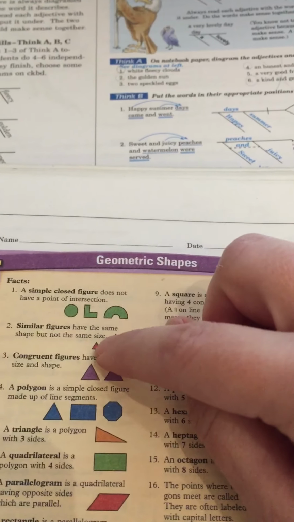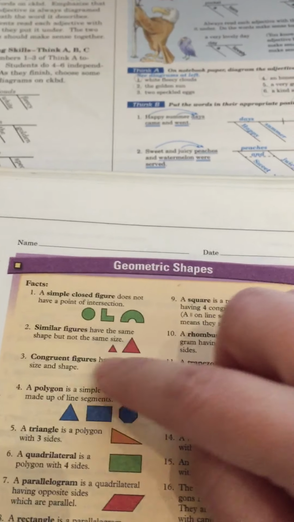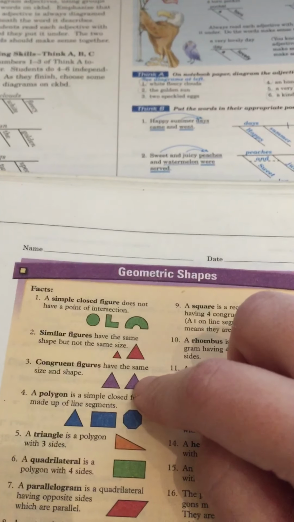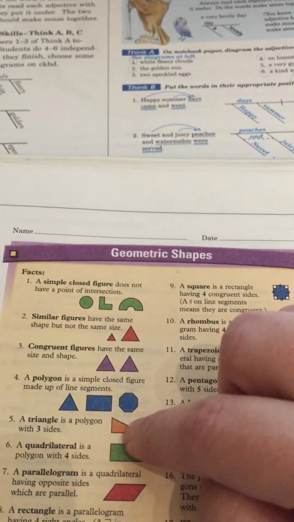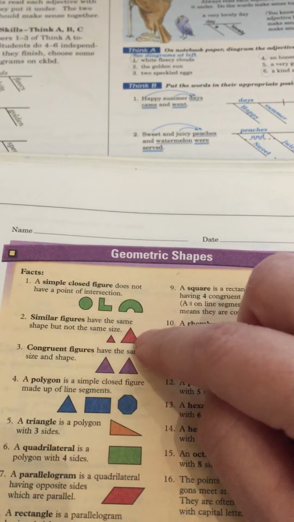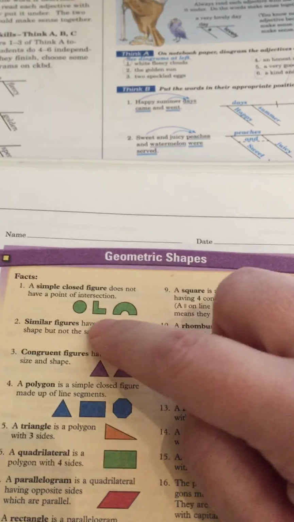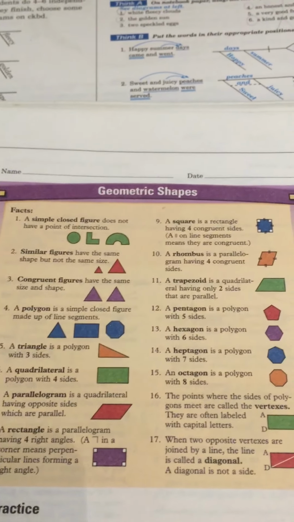So, one is just going to be a littler version of the other to be similar, where congruent is going to be exactly the same. Now, even though these are both triangles, they would not be similar because they're different shaped triangles. It's only about size when it comes to similar.